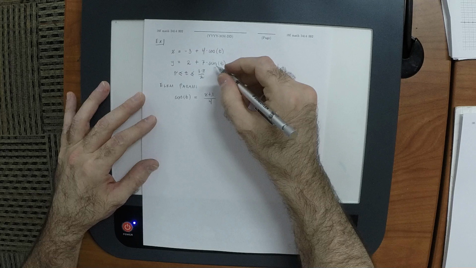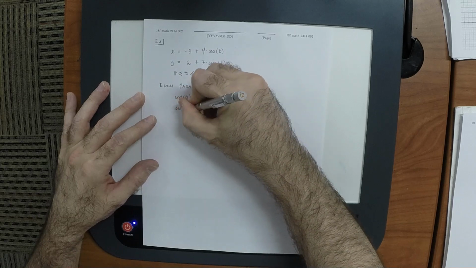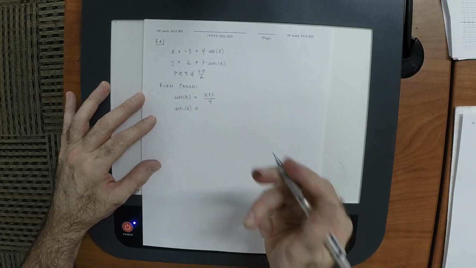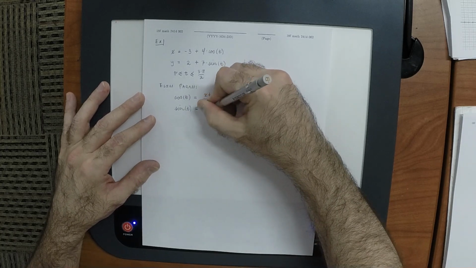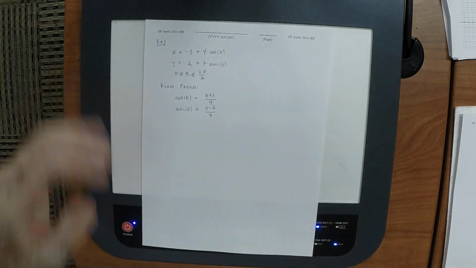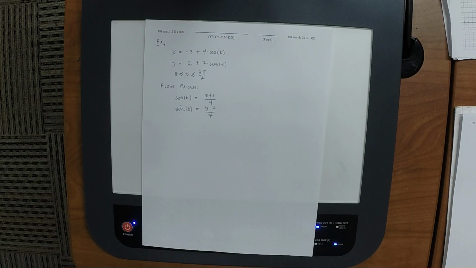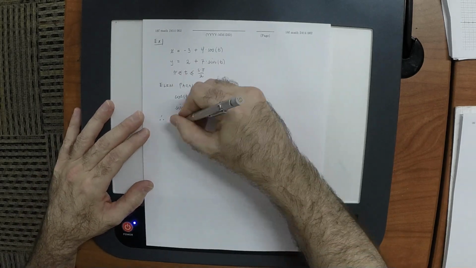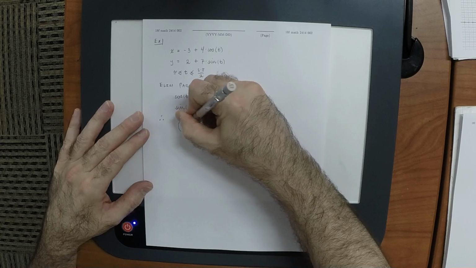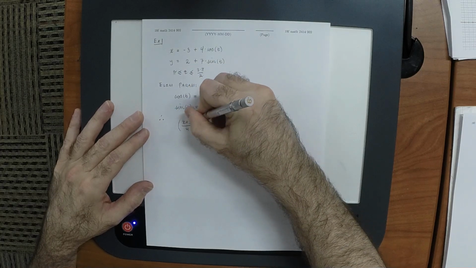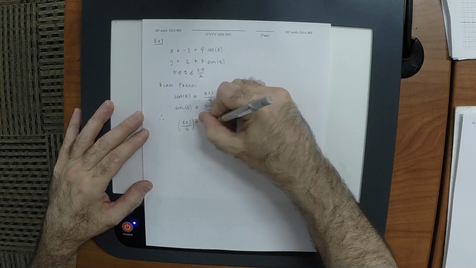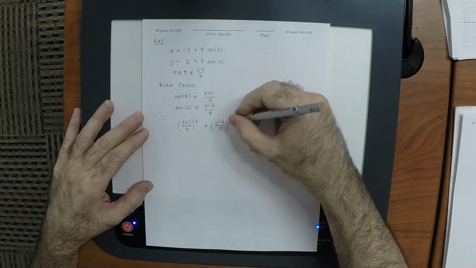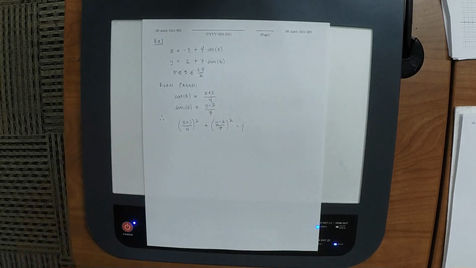And then concerning solving for sine, we'd want to move the 2 over and then divide by the 7. So we've got cosine solved for, we've got sine solved for. Now we can use the Pythagorean identity and conclude that this (x plus 3) over 4, squared, which is to say cosine squared, plus (y minus 2) over 7, squared, which is to say sine squared, must be 1.